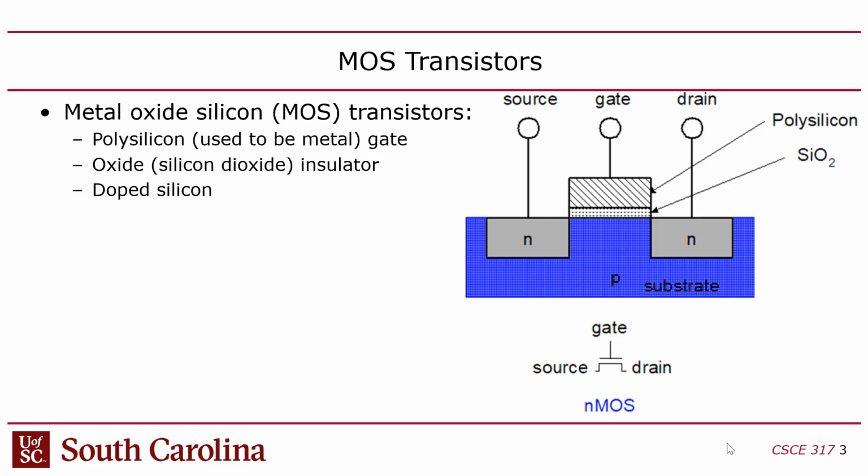So what you have now is basically a little island of N-type silicon in a sea of P-type silicon, right? And so this obviously creates a diode. These are connected. I mean, they're in contact, right? The substrate and the diffusion areas are just touching each other.